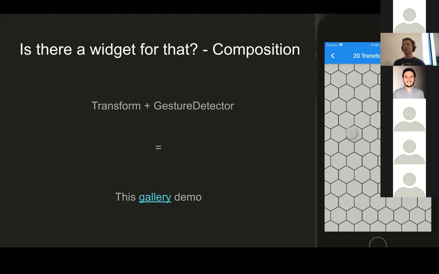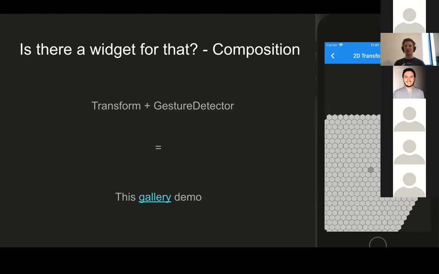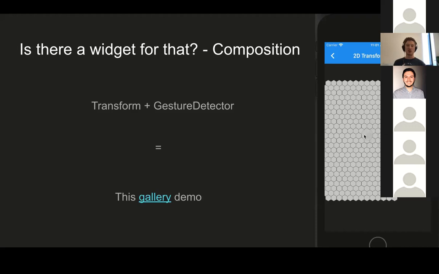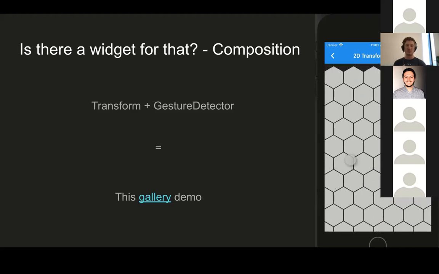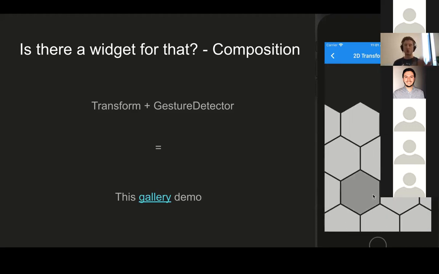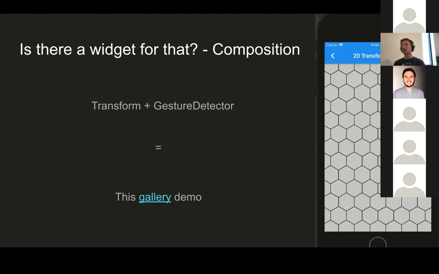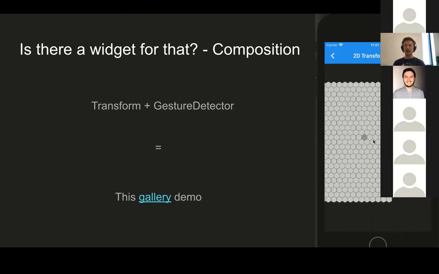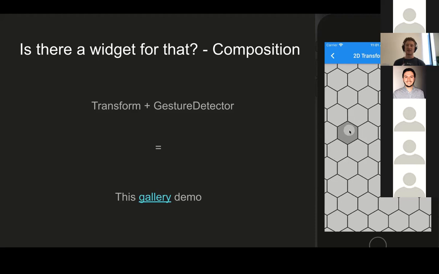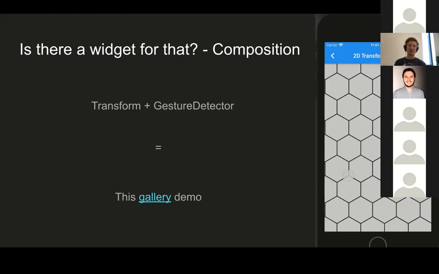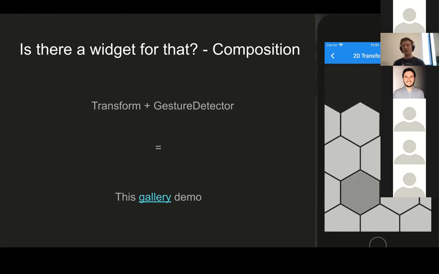The result of that was one of the first things that I finished in Flutter that I could actually show to other people, which was a demo of this game board with the panning and zooming and everything like that. And that ended up being a gallery demo in the official Flutter gallery. It was kind of a hacky code base. I didn't really abstract anything or make it very reusable, but it worked.